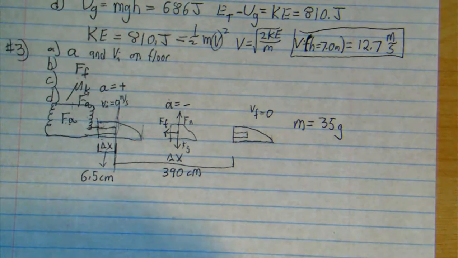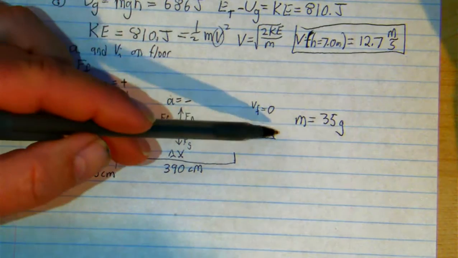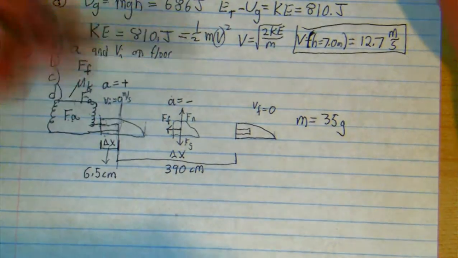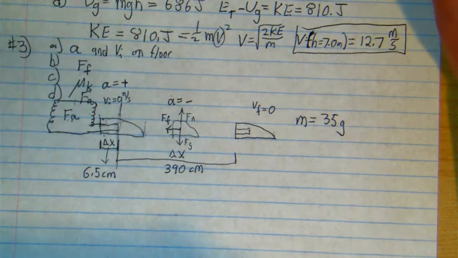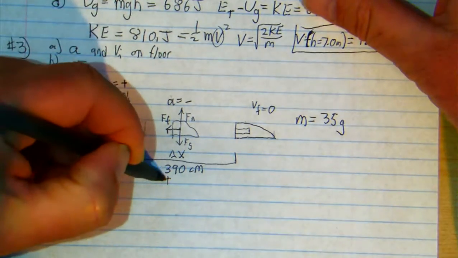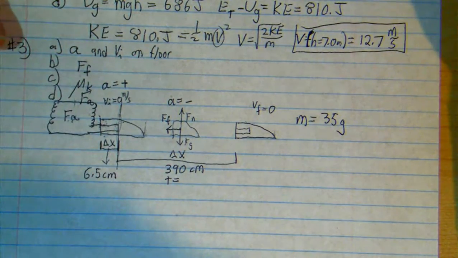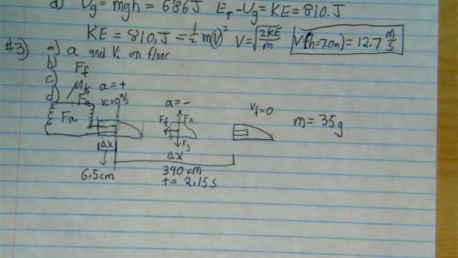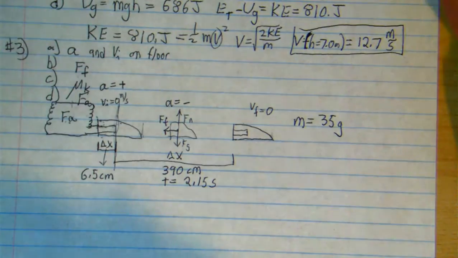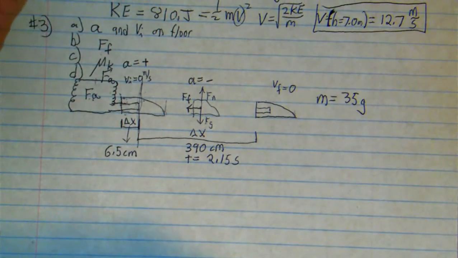Just like in horse races, they measure from the nose of the horse, not the tail end. Okay, so that's 390 centimeters, and the time that it took to slide to a stop was 2.15 seconds. That's all the information you need to totally answer all of this problem.